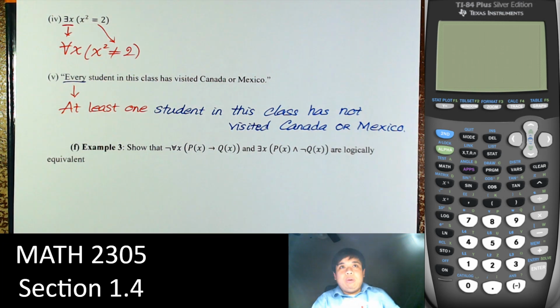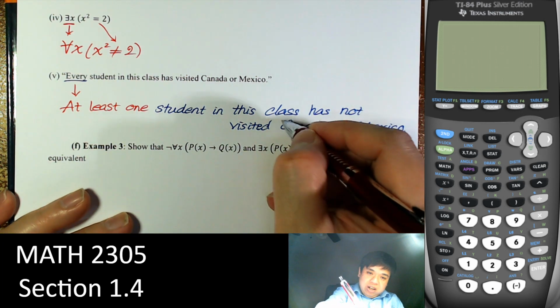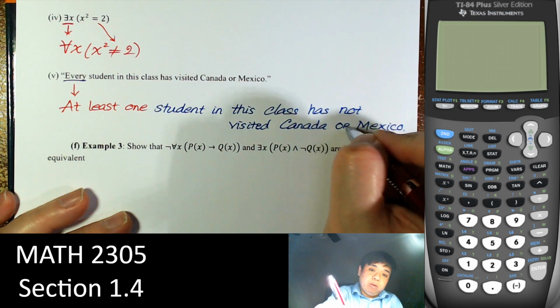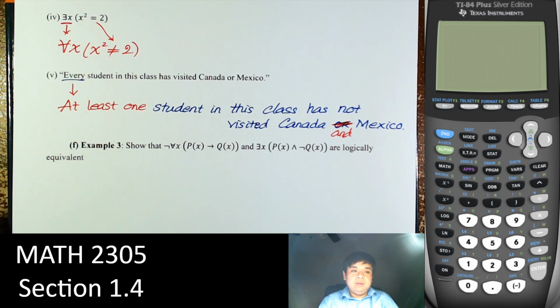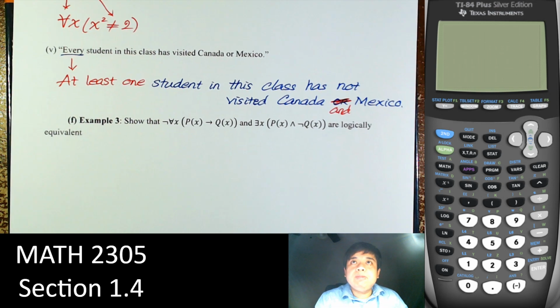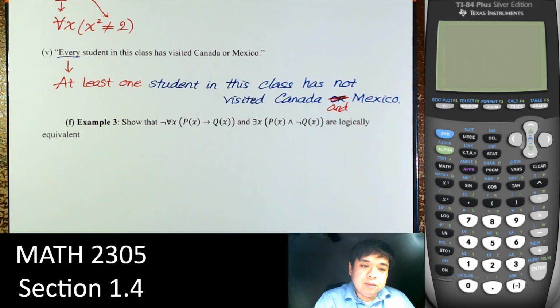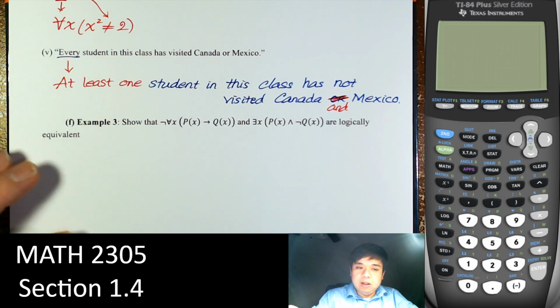Actually, when we write it like that, if we put the parentheses around it, that's fine. But if we don't have the parentheses, we have to change this to "and."